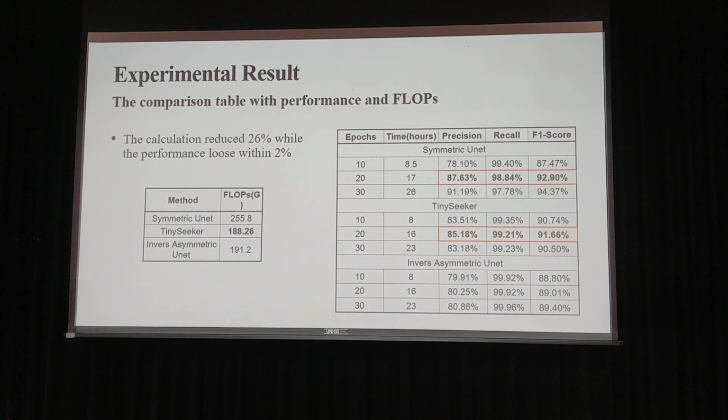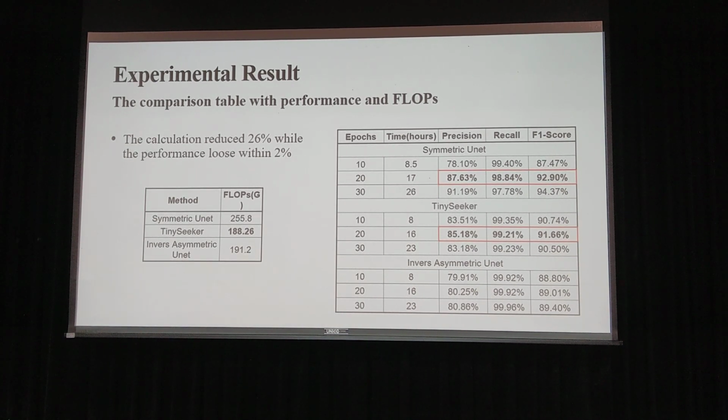In the table on the left side, the computational complexity of the models is presented, indicating that TinySeeker demonstrates a 26% reduction in computational demands compared to the symmetric UNet. This reduction in computational requirements is significant, considering that the F1 score is only slightly lower. This trade-off between computational efficiency and performance represents a favorable compromise.